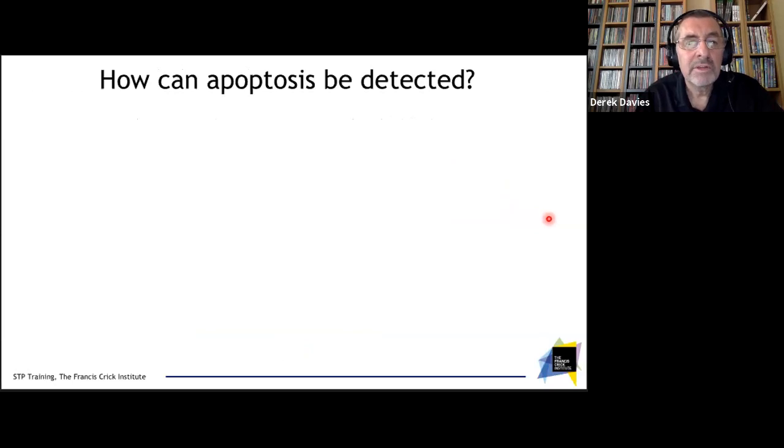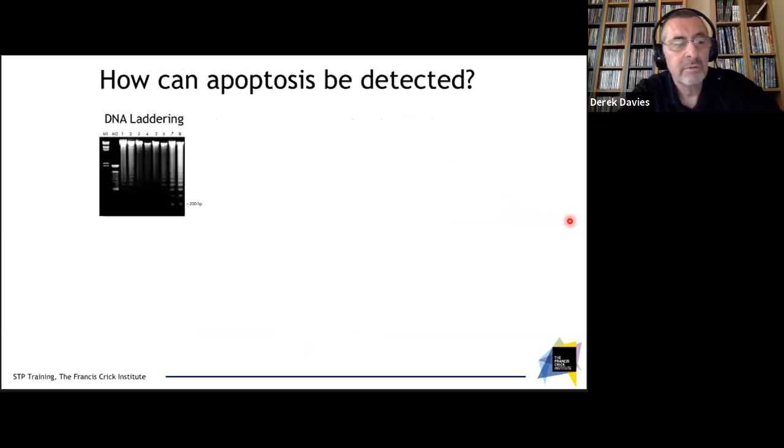So how can we detect apoptosis? Well, one way is to do a bit of molecular biology, run a gel, because remember, one of the things that happens during apoptosis is the DNA is chopped up into bite-sized fragments, into 180 base pair fragments, and we can detect this on a gel.